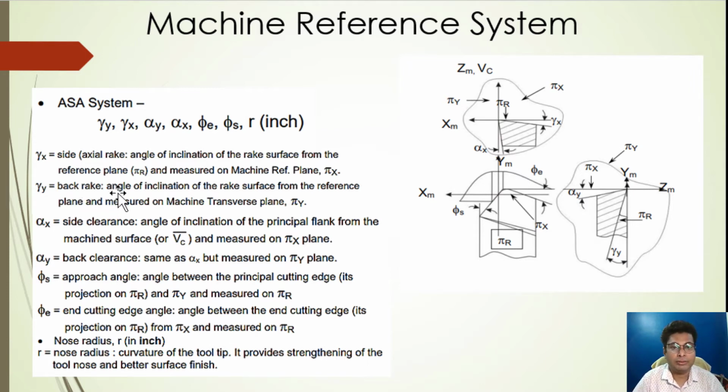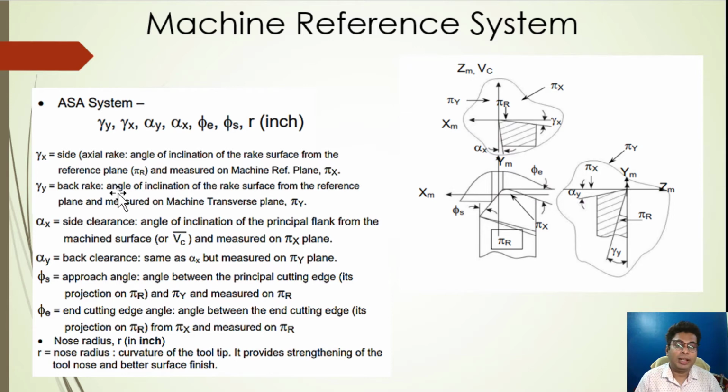Basically, you need to understand one thing: whenever we represent angles in degrees, they are 2D angles. In 2D angles, generally we take cross sections of different parts of the cutting tool or its tip, and whatever plane you select, if you put the tool on that plane, it makes an angle automatically with the mutually perpendicular planes.